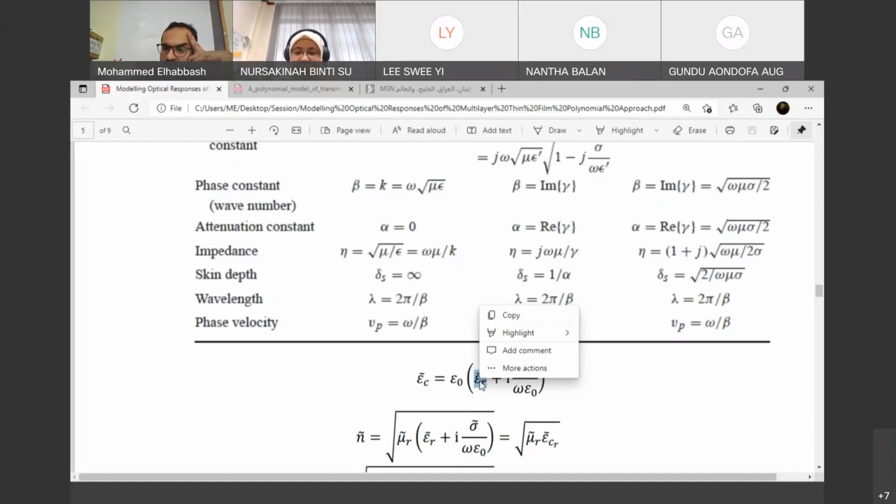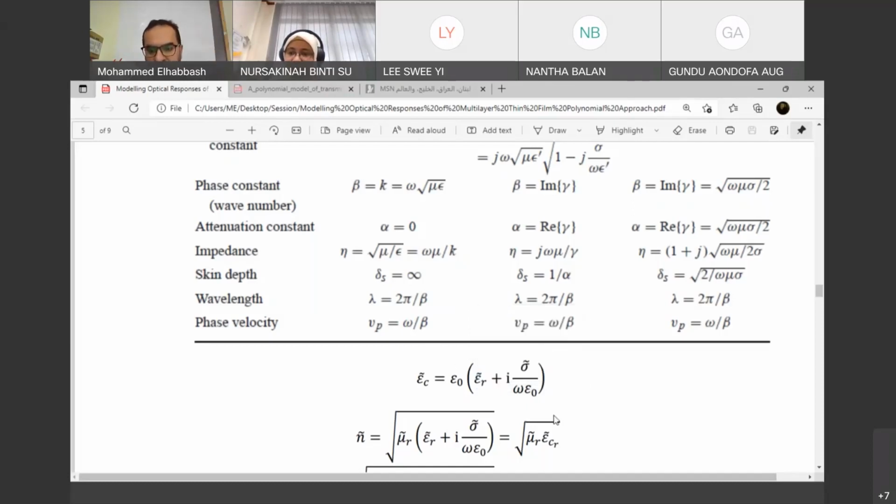Is that what you mean, Stephanie? The question says in terms of the material's optical response, but someone has actually answered. Can you check your chat box?